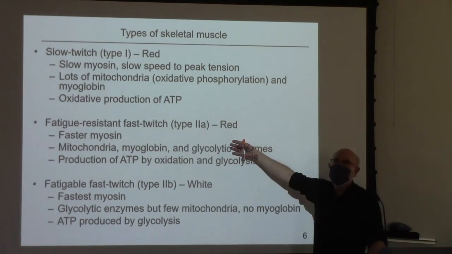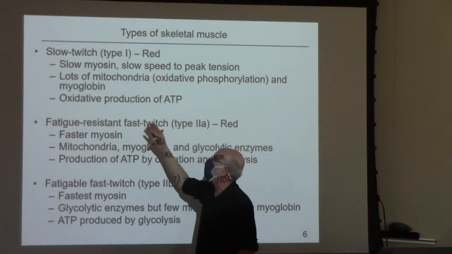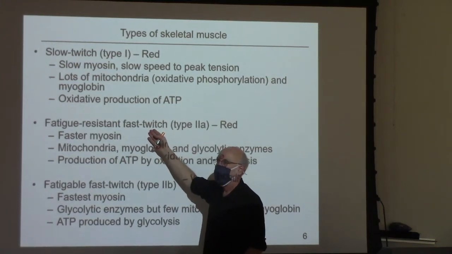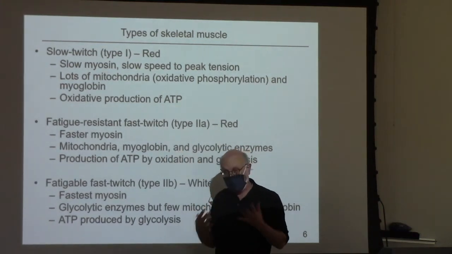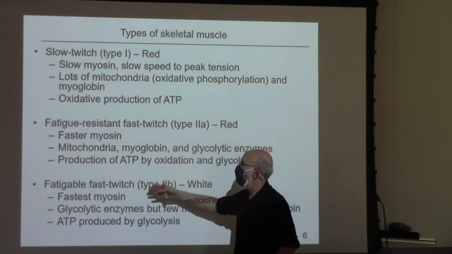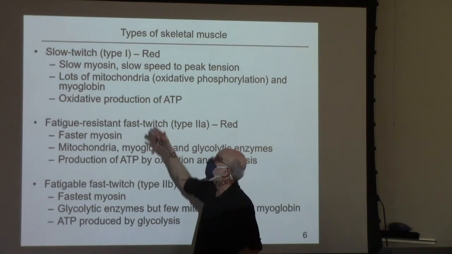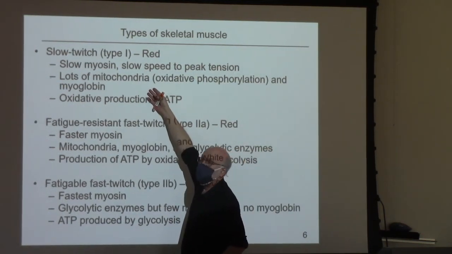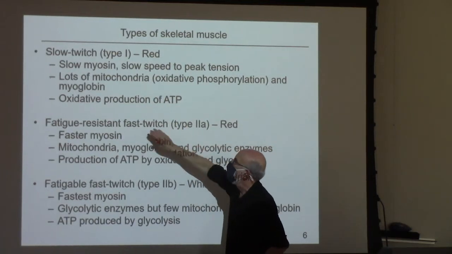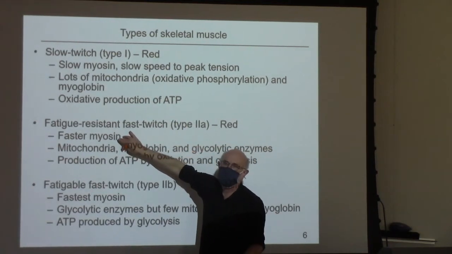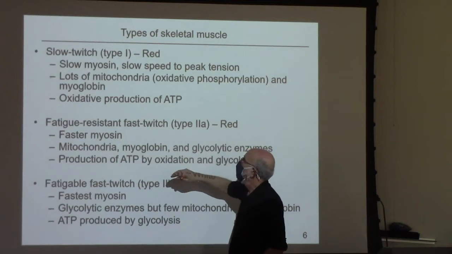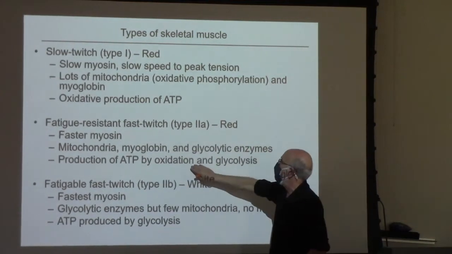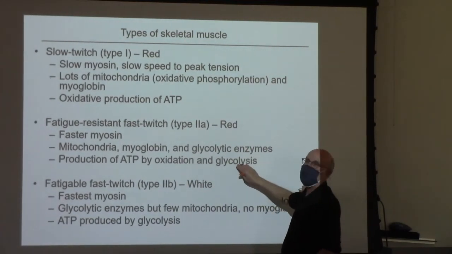In between are the fatigue-resistant fast twitch. So these are identifiably different from fatigable fast twitch and from slow twitch. They are fast because they have an intermediate speed myosin. They produce ATP by oxidative phosphorylation and glycolysis.